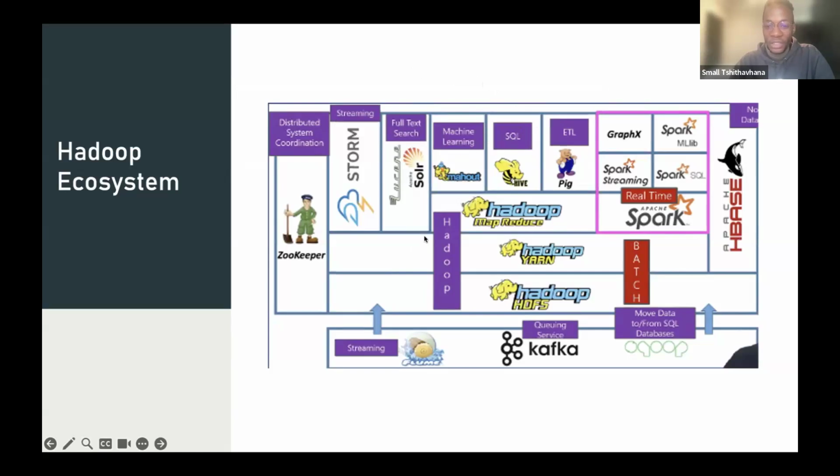They wanted to do more machine learning tasks, so they created Mahout, and then they wanted more streaming when working with the data, so they added Storm and Flume.